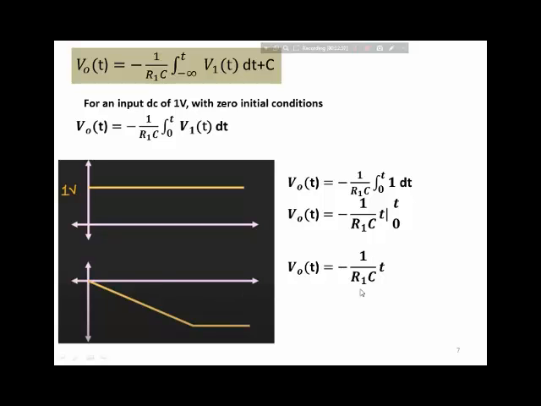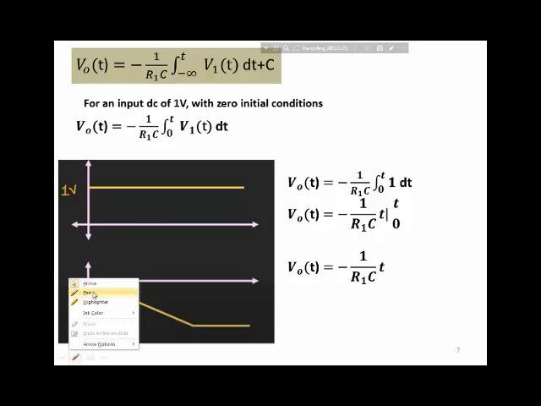At some instant greater than 0, the output would start increasing in the negative direction, and the rate at which the output would increase would be determined by this constant, minus 1 over R1 C, that is called the integrator time constant.